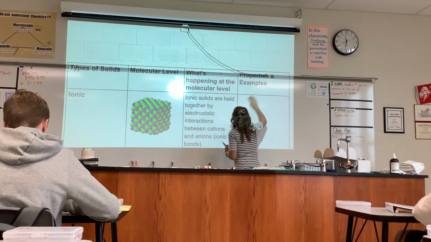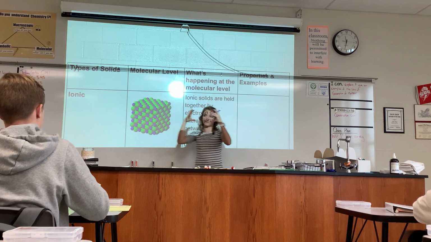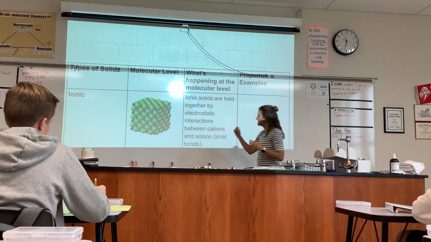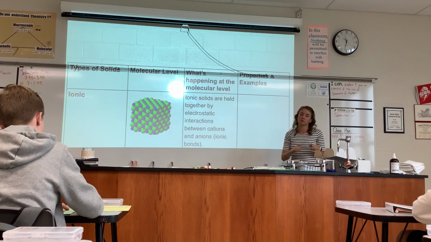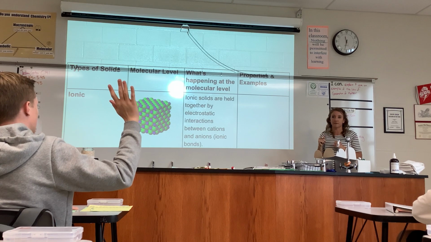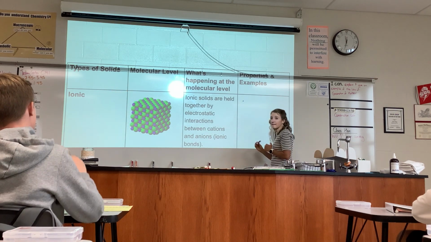Okay, so same thing, just to review, this is what ionics look like, positive, negative crystals, all stuck together. Happens because the electrons are transferred from a metal to a non-metal. Okay, some other people share some properties for us. Sam.